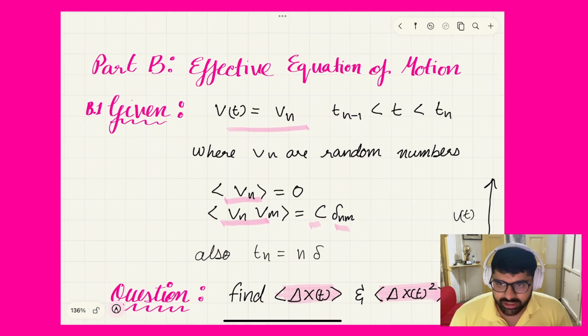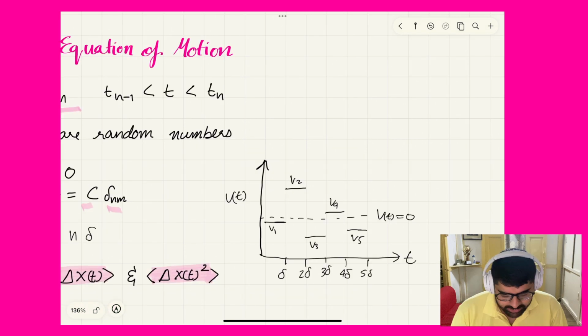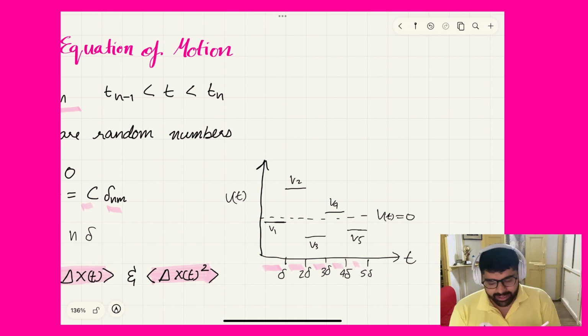Now, first to understand this question, let's plot what the diagram for v of t versus t should be. It should look something like this. First, the time is split into time intervals delta, 2 delta, 3 delta, 4 delta, 5 delta. And for each interval, we choose a random value for v.